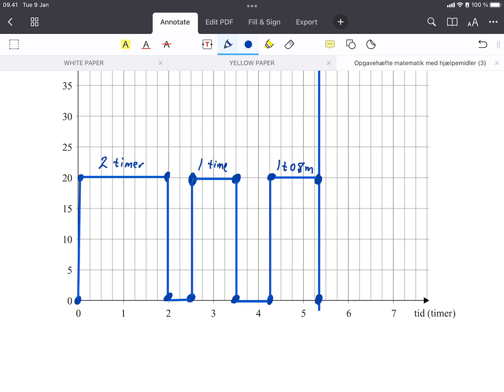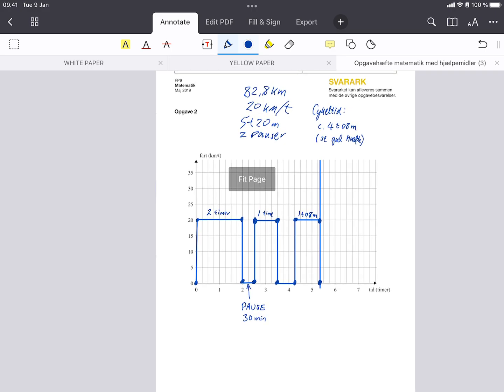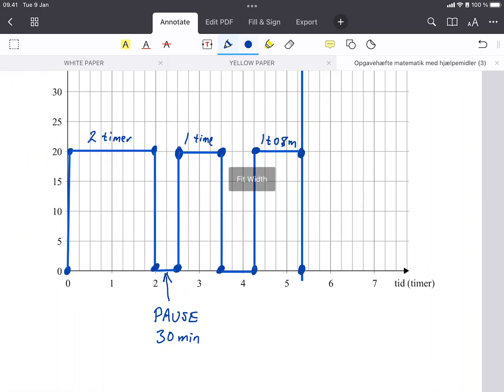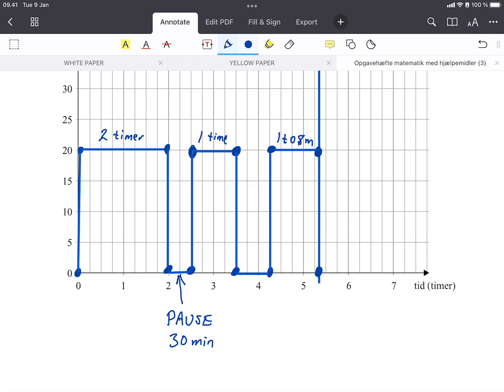So their cycling time is 4 hours and 8 minutes, and then their break time is going to be 30 minutes there. And well, the whole thing's got to add up to 5 hours and 20 minutes. So for all of that to tally, I guess we want that all to add up to 5 hours and 20. So we've got 2, 3, 4 hours and 8, 4 hours and 38 minutes.